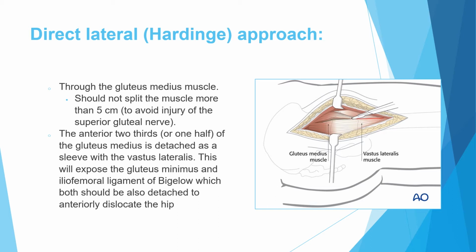So in this approach, the hip is dislocated anteriorly. If you're doing a total hip or hemiarthroplasty, this patient will have anterior hip precautions.